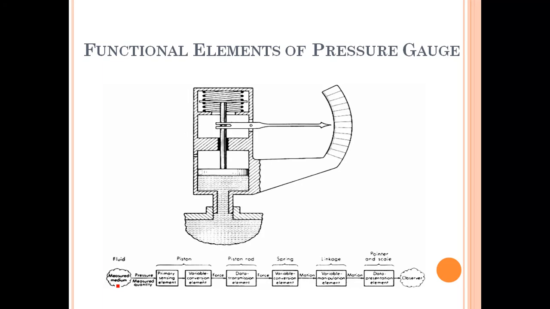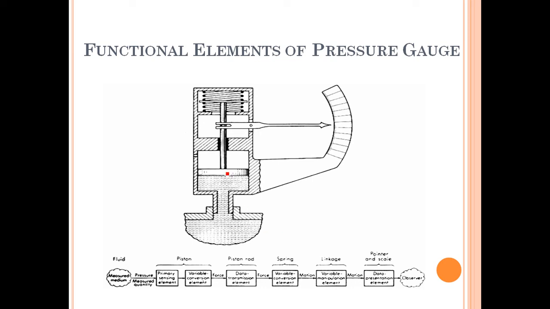From this, a pressure is applied to a piston. So our primary sensing element and variable conversion element is piston. Then pressure is converted into force, which is given to data transmission element. Here in this diagram, data transmission element is piston rod.